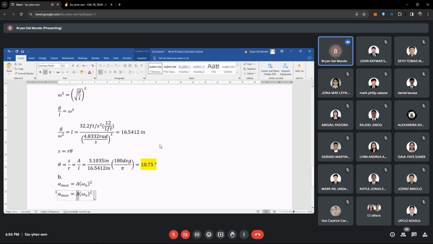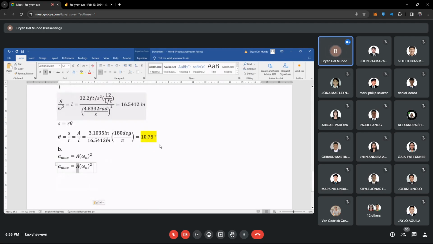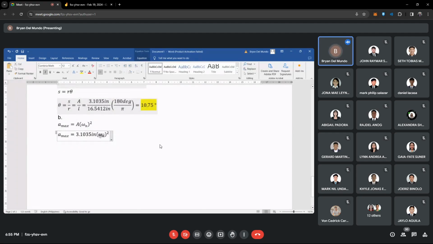So for the value of our amplitude, we have 3.1035 inch. And for the value of our omega n, we have 4.8332 radian per second. So now we can solve for the value of maximum acceleration or the maximum tangential acceleration.